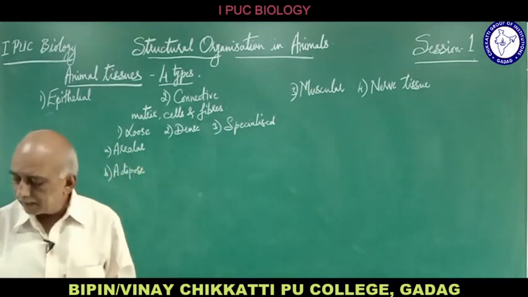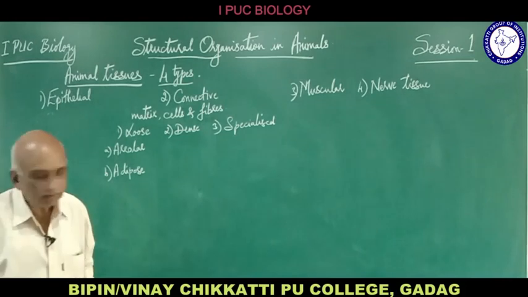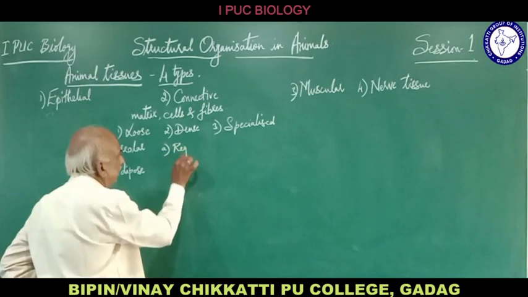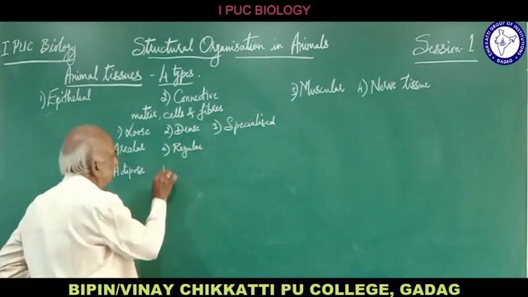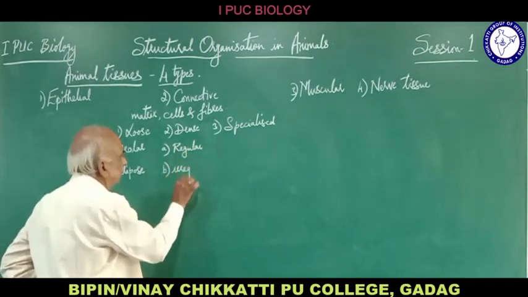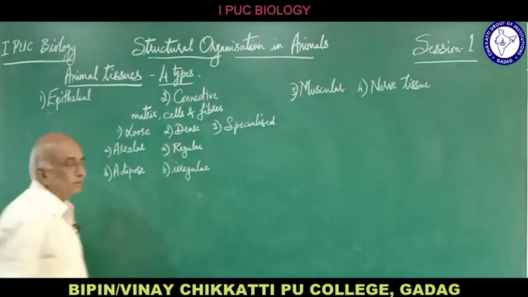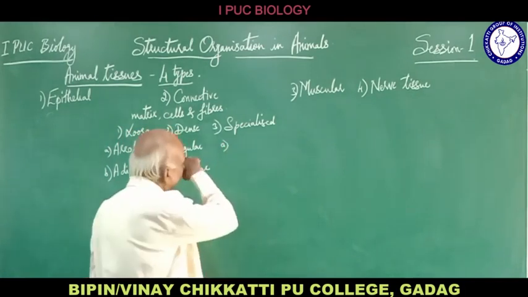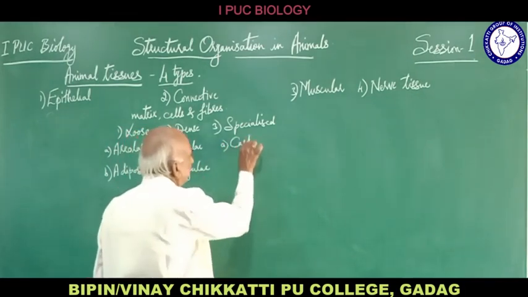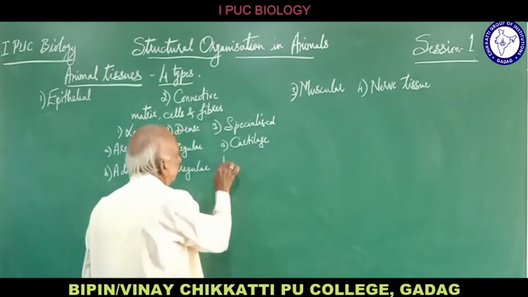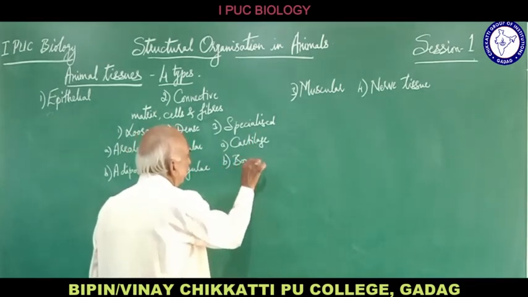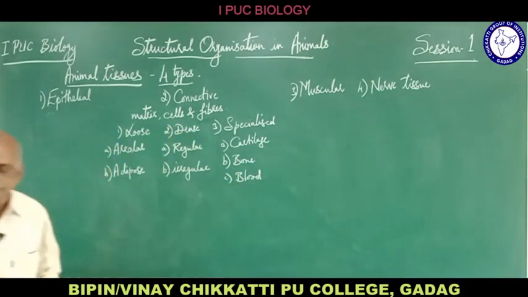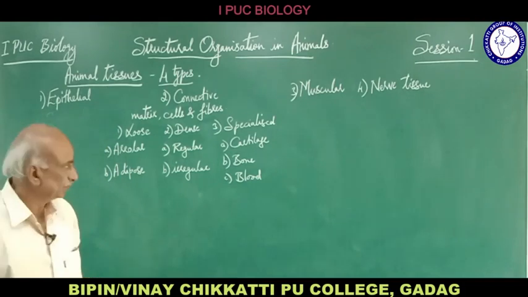One by one we shall see what these are. Then there is dense regular connective tissue and dense irregular connective tissue, so two types. And in specialized, we come across three types: cartilage, bone, and blood. These are the types of specialized connective tissue.